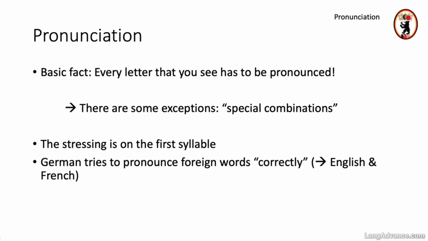However, there are some exceptions, which I call special combinations. And then German words are, for the most part, stressed on the first syllable. We also try to pronounce foreign words correctly, which applies to English words and for most French words that are used in German.